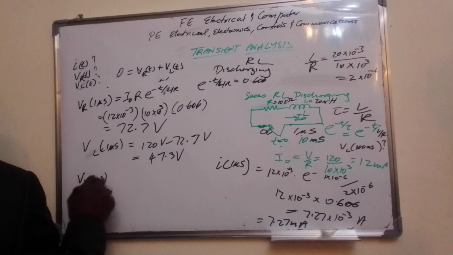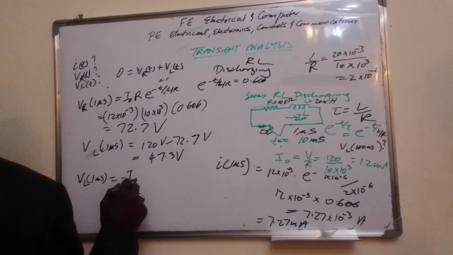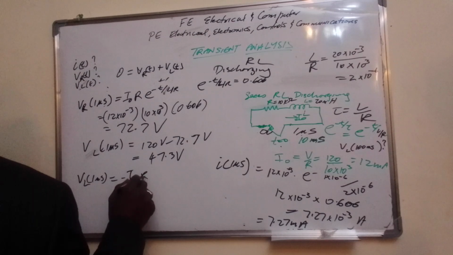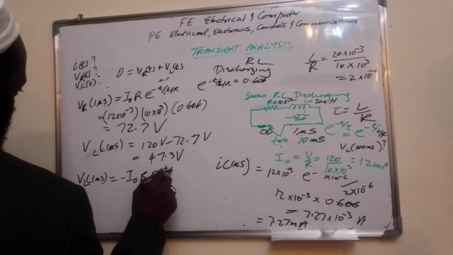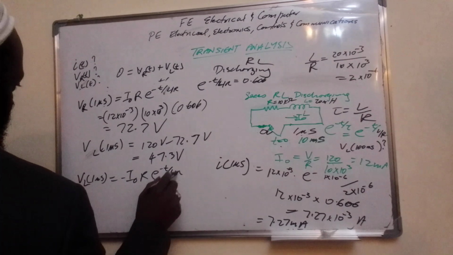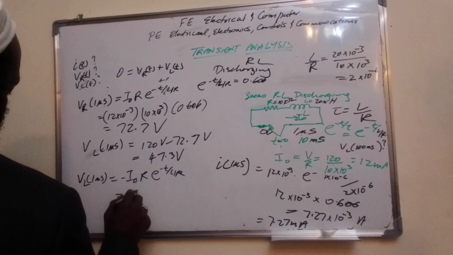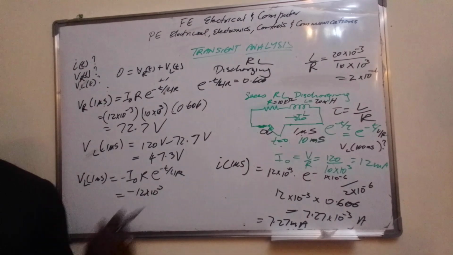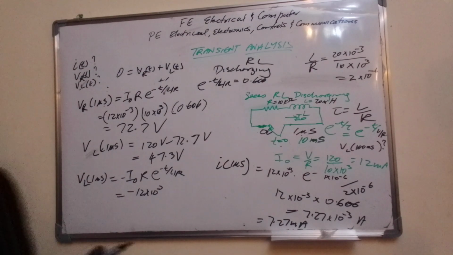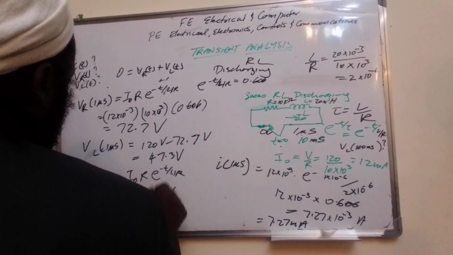Because the equation the other way is V at 1 microsecond is equal to minus I sub naught R times e to the minus t over L over R, right? Now minus I sub naught, 12 times 10 to the minus 3, right, times R. What is R?